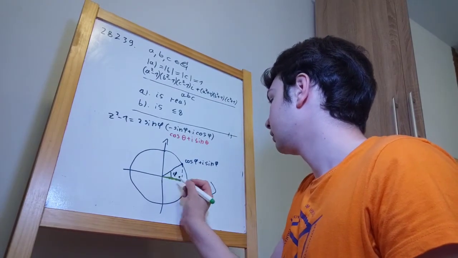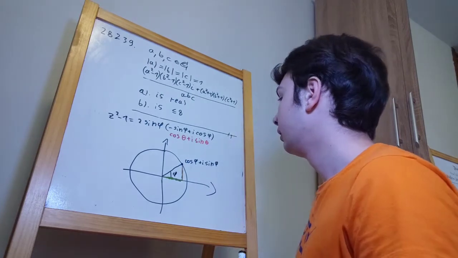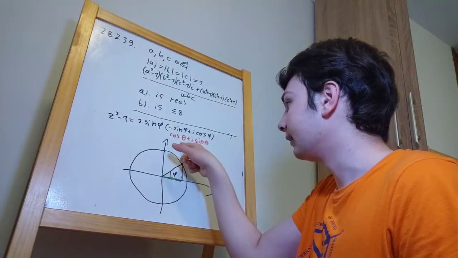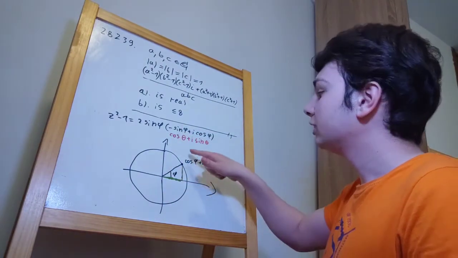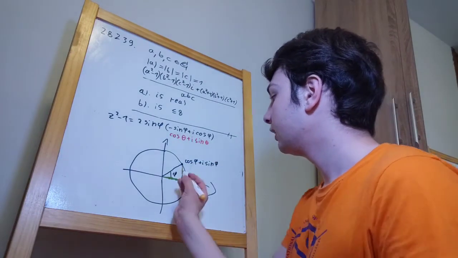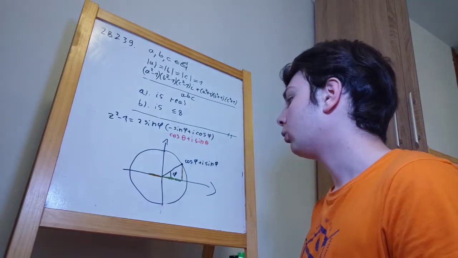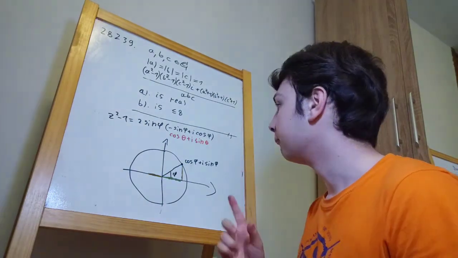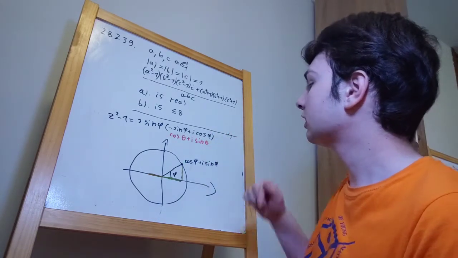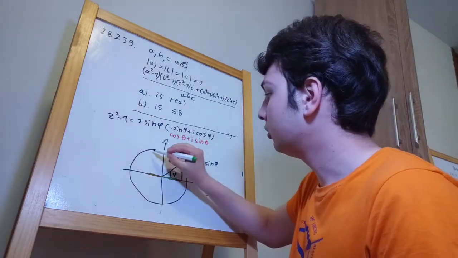I'll make this green, and this will be yellow. Now we need a number whose cosine is minus sine of phi. Notice this is sine of phi. So if we have minus sine of phi, then we would have something like this. The green part would be here. And now we have the sine of theta equal to cosine of phi. So really this green part should be above, because it has to be positive.